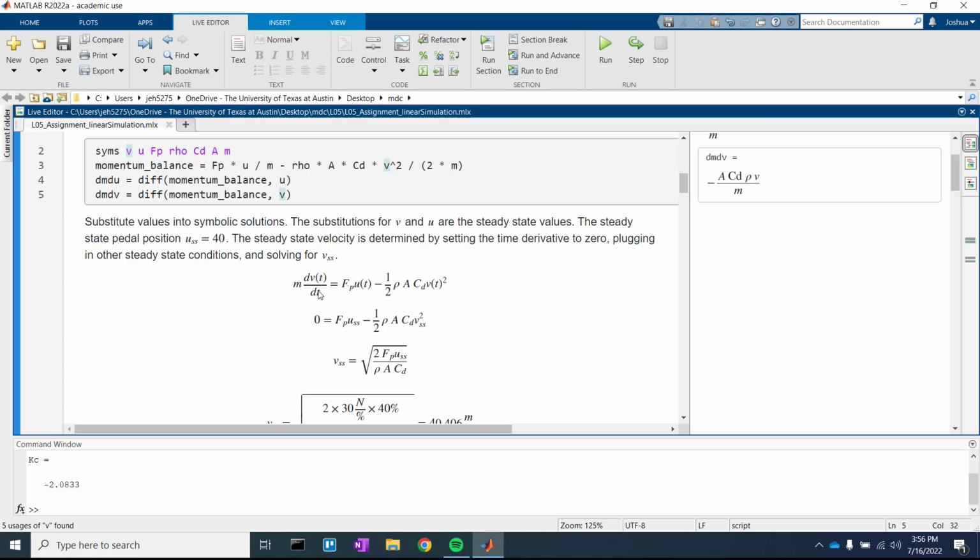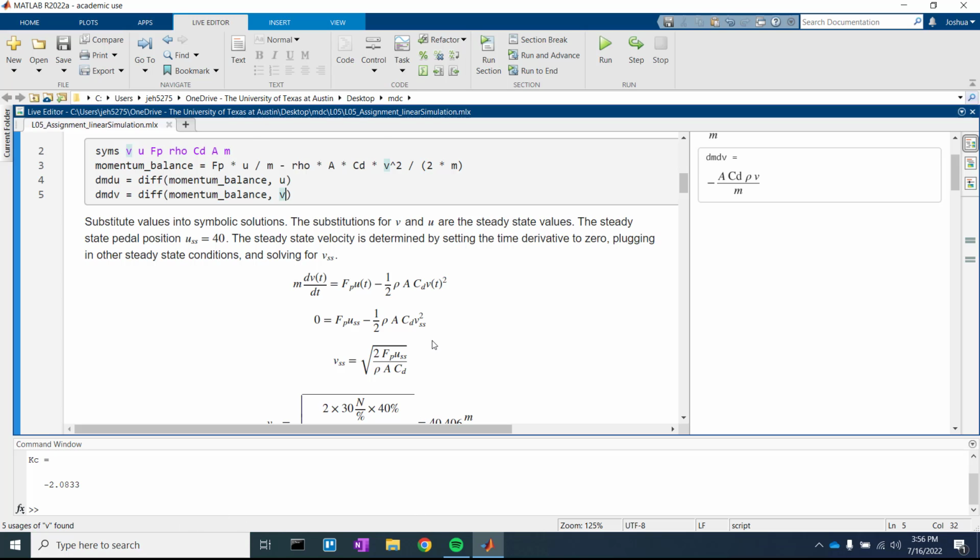First, if we're at steady state, the derivative of velocity is going to be equal to 0. Then we can add over to the other side, then divide over again, and then take the square root of that, and that's how we get to, let me just show the intermediate step right here.